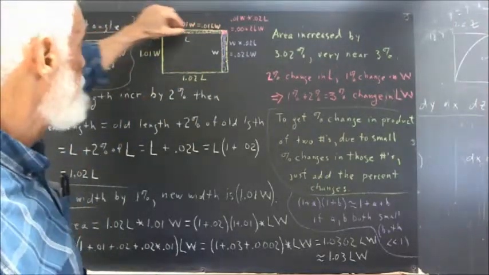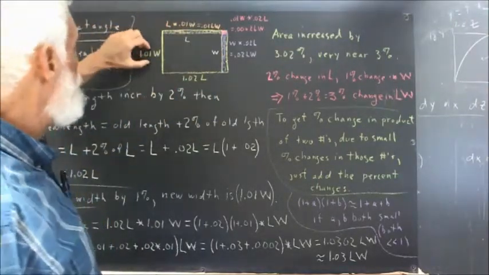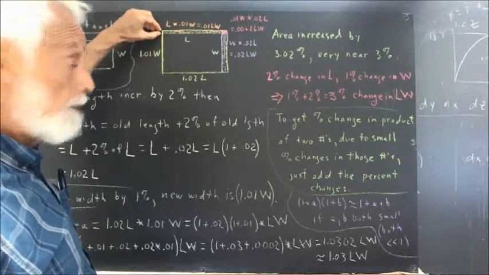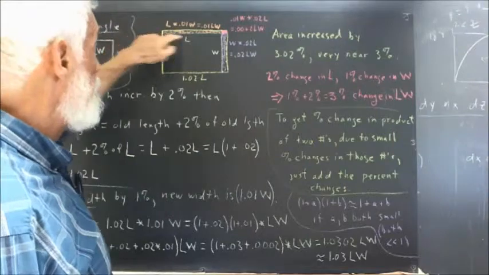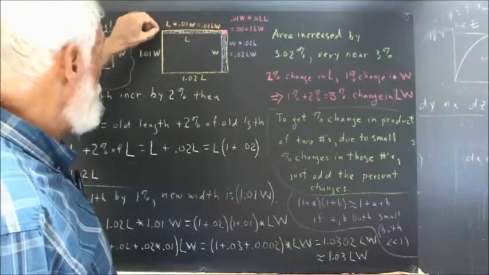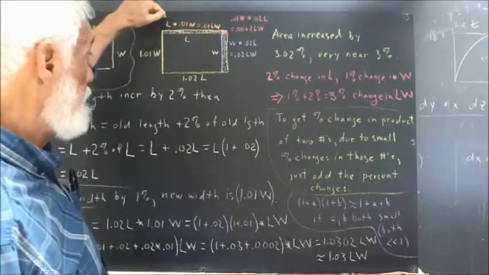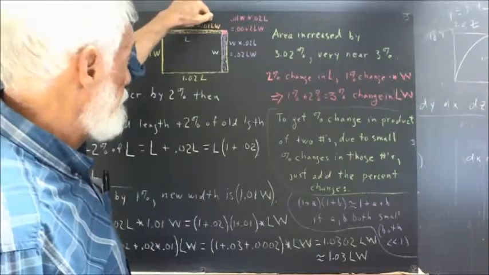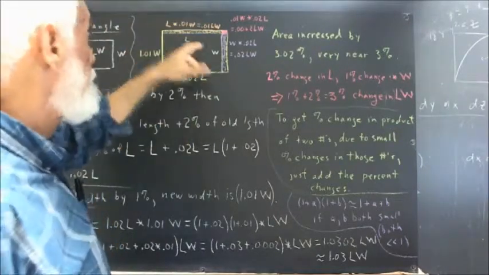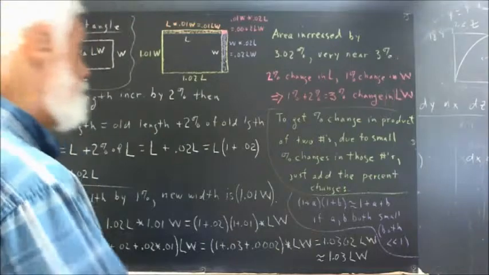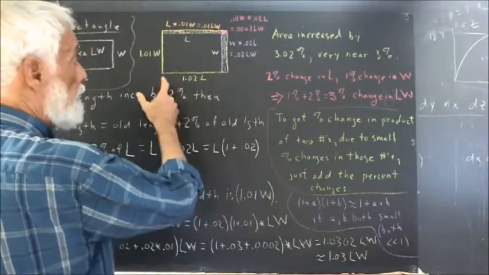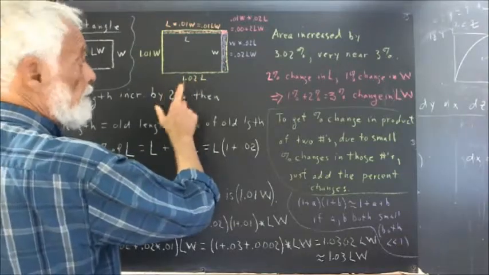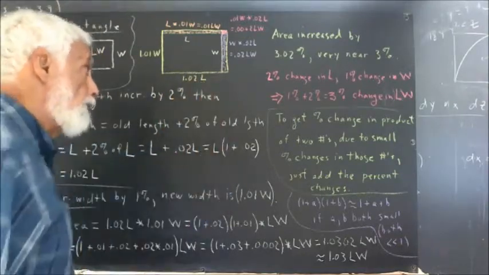We got this strip here, which takes the 0.01 W that we added and puts it together with length L to get a rectangle of dimensions 0.01 W by L, with area 0.01 LW. And this purple rectangle has a dimension down here of 0.02 L, the amount we added to the original L to get our new length.